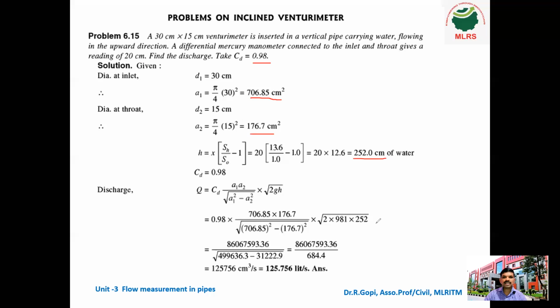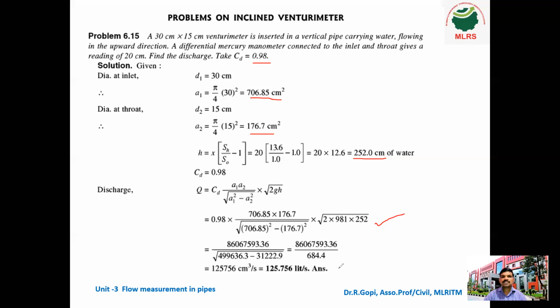Substitute all the values in the equation. Finally we got 125,756 centimeter cube per second. Converting it into liters per second, it is 125.756 liters per second.